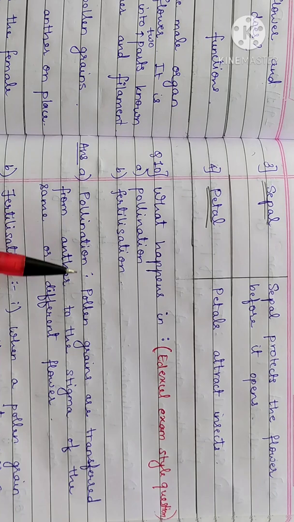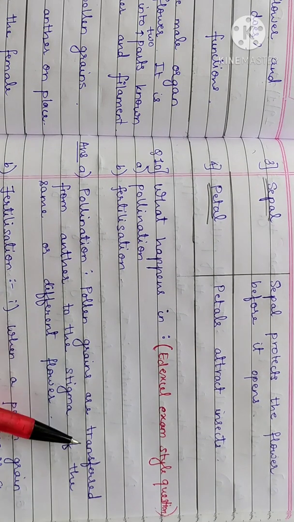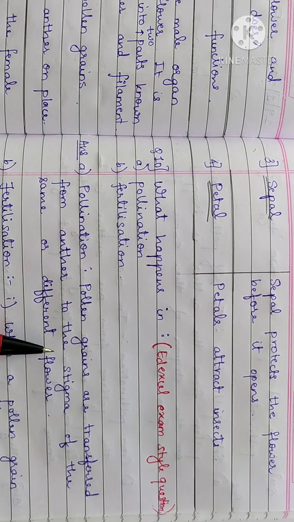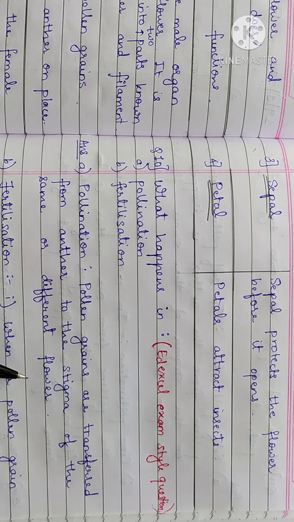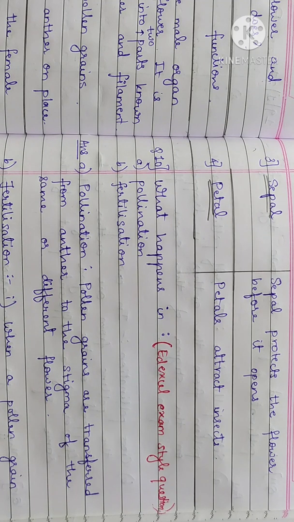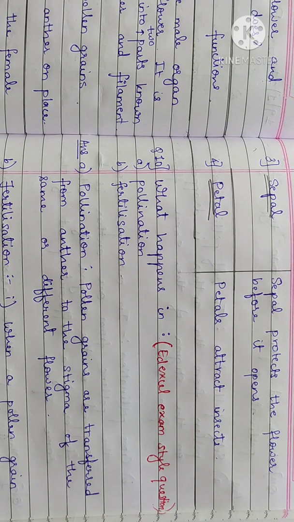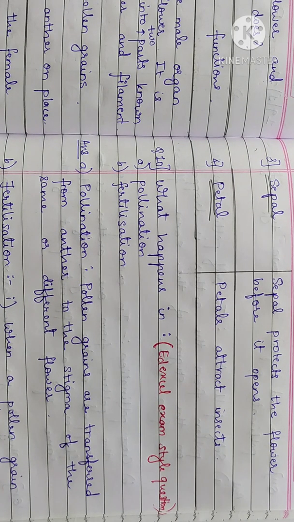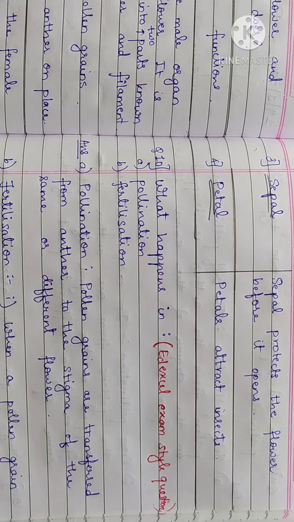In pollination, pollen grains are transferred from the anther to the stigma of the same or a different flower. The pollen grains are transferred from the anther, which is the male part of the flower, to the female part, which is the stigma, of the same or a different flower.